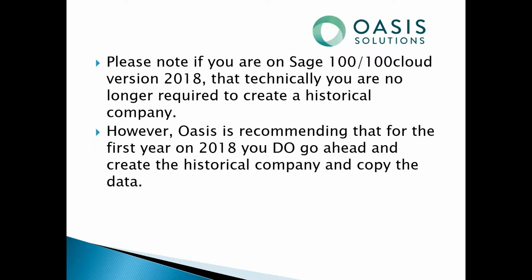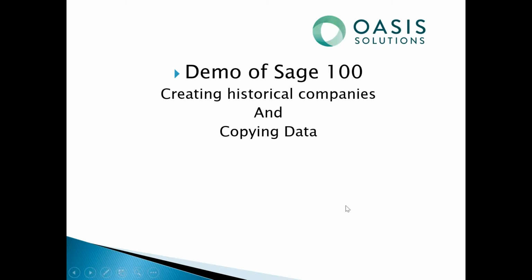But in our opinion, because there are continued quirks with the new payroll module, we recommend that this very first year you go ahead and create that historical company and copy the data over. It's better to be safe than sorry, and creating that company and copying the data literally takes just a few minutes, so it's not like it's a 2 or 3 hour project. So again, it's up to you, but that is certainly our standpoint and our recommendation. If you have any questions about that, please feel free to let me know.